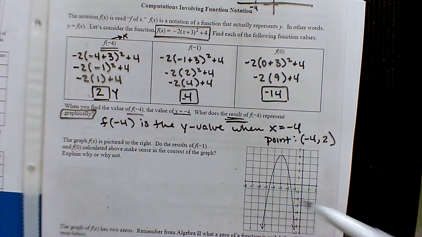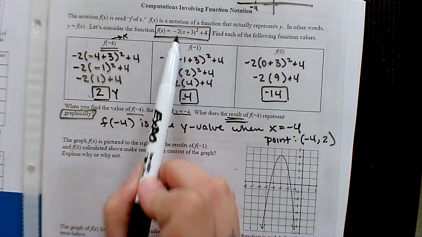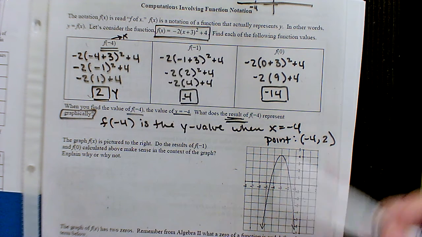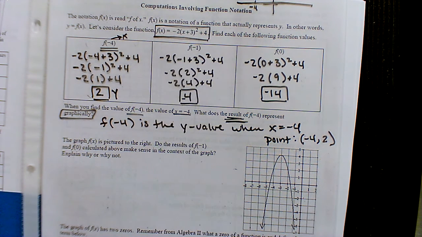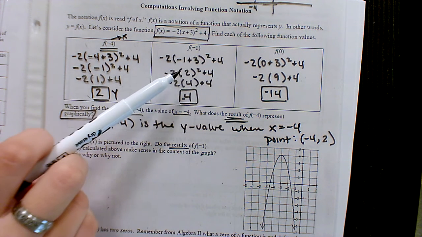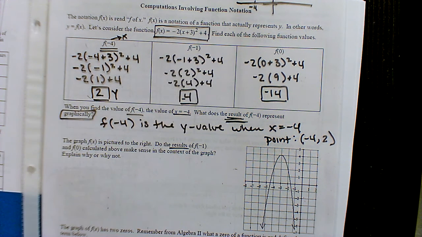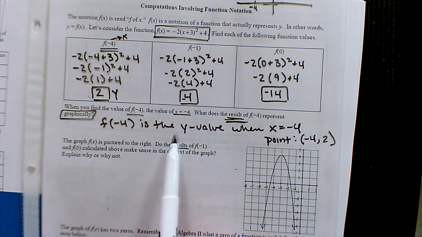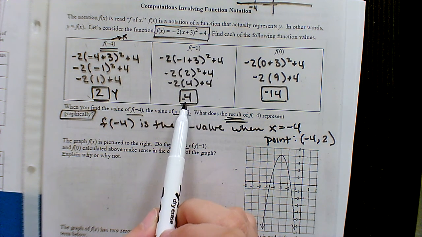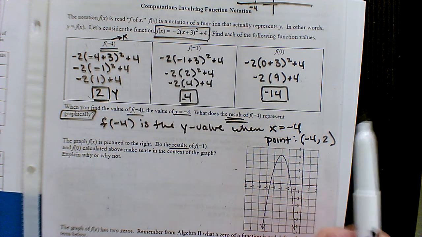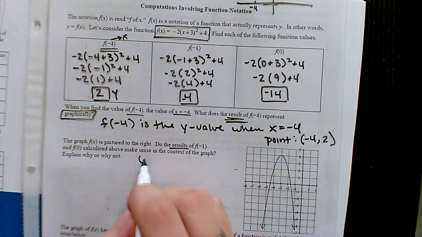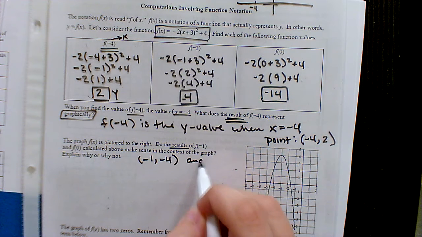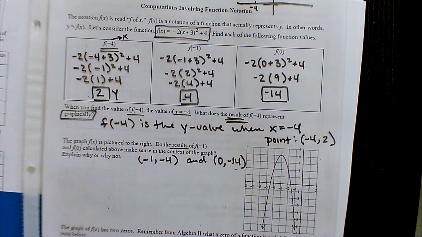Okay, so speaking of the other 2, here's the parabola of this quadratic equation that we had at the very top. Upside down u, because notice how it's negative. We flipped it over the x-axis. Do your answers or results from f of -1 and f of 0 make sense graphically, in terms of this graph? So we said, based off of before, that this -4 should be a y value, and this -14 is a y value. So are the points -1, -4, and 0, -14 on your graph? Can you identify those?